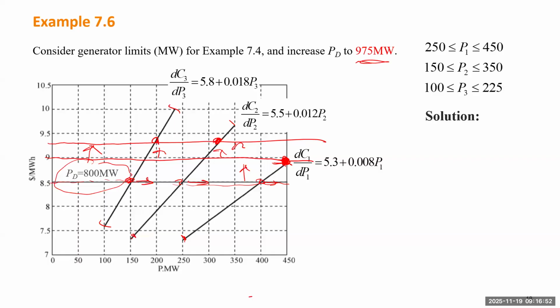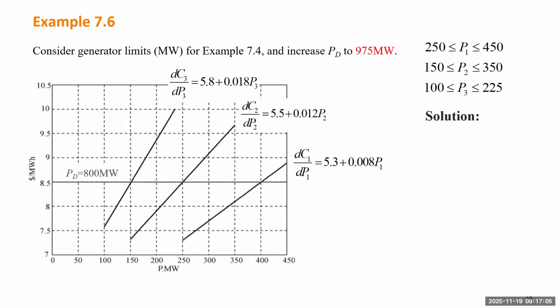Okay, so this is the idea we're going to use. You can use this method to solve any homework problem, even the problem in the final exam. So we ended at this slide. I just showed you many different scenarios. For instance, this yellow one means the total load becomes 906 megawatt.